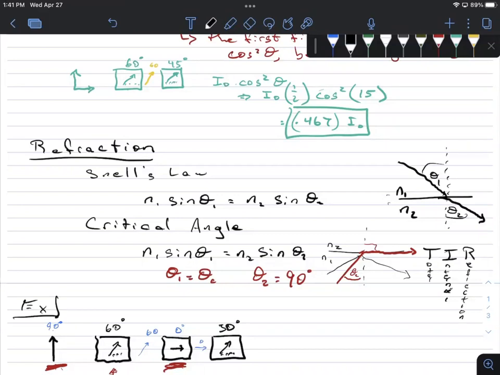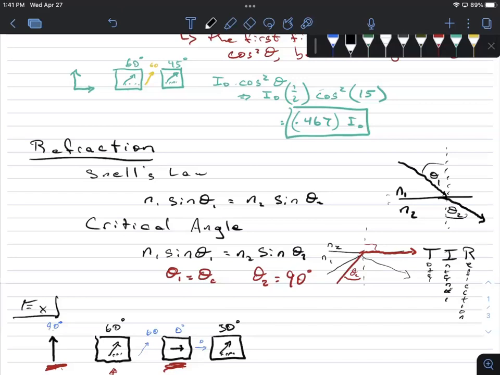I have a question. Sure. With N2, with the critical angle, I mean the angle that's skimming the surface, I'm a little confused on that. Would that be 1 or will it be given to us? Yeah, that depends on how the question is asked. If the question is, calculate the critical angle for water, what the question is implying is you're shining light from water and it's trying to go into air.